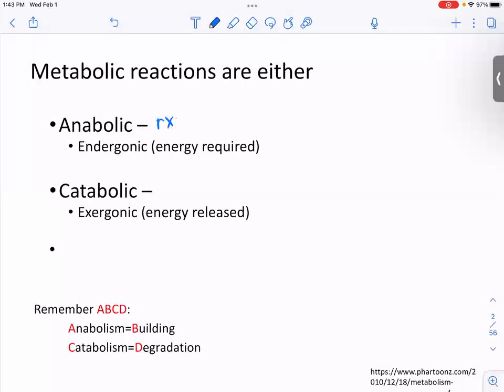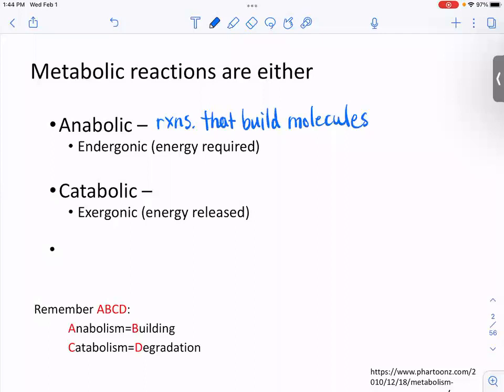These are reactions that build molecules. In other words, they're biosynthetic anabolic reactions, and they're going to be endergonic. In other words, you have to have an input of ATP for those molecules to be synthesized.